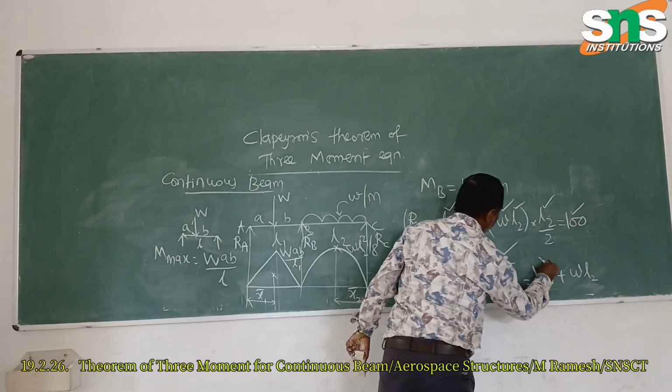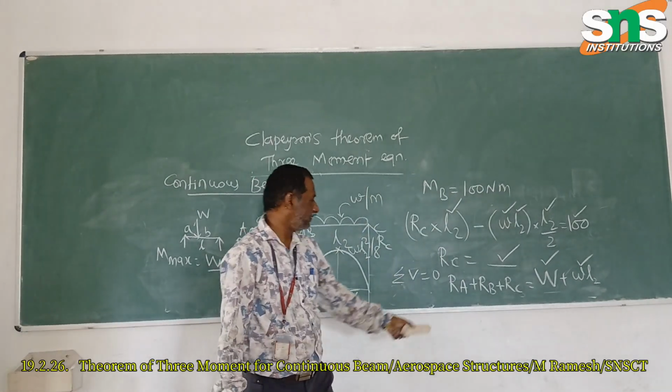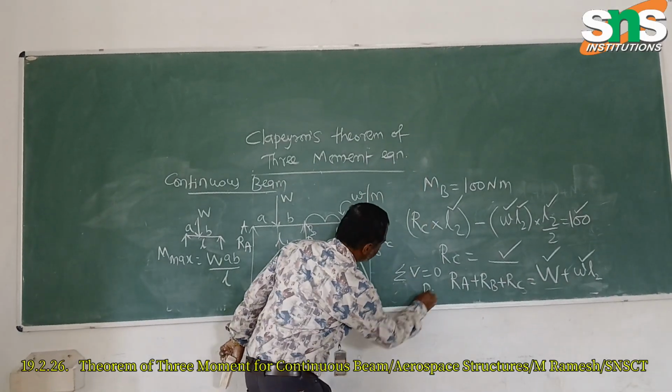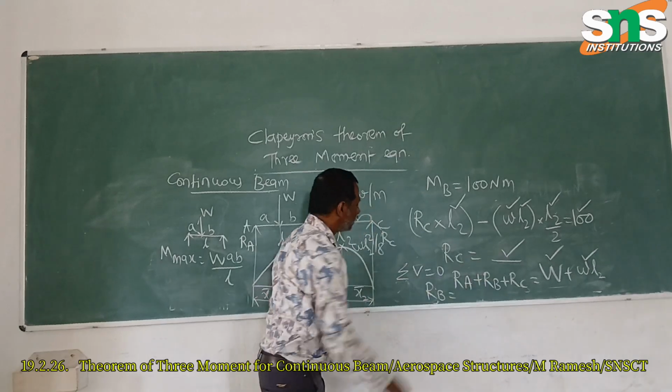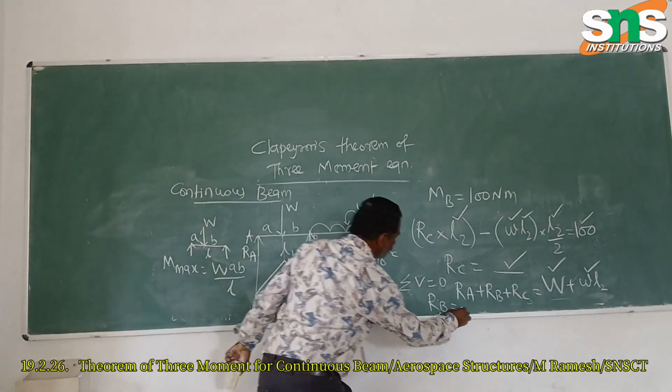Everything will be given, so we can get the value. If the total is 300, then find RC, and RB equals total minus RA minus RC. We can get the RB value from that.